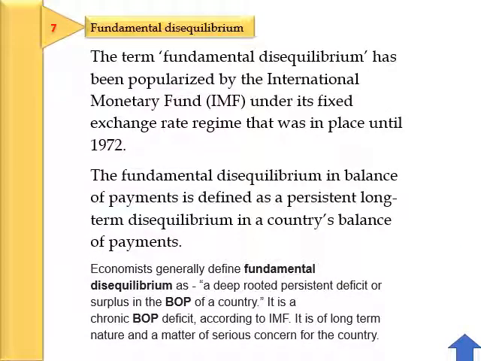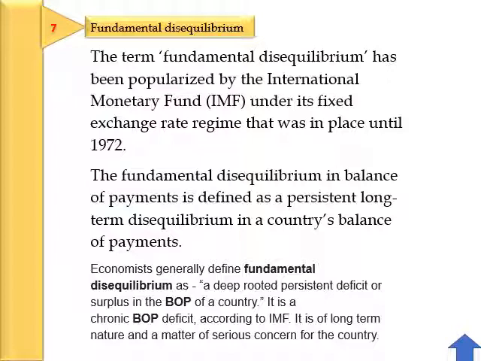Fundamental disequilibrium in the balance of payment. This concept was introduced and popularized by the International Monetary Fund under the fixed exchange rate regime. The fundamental disequilibrium in balance of payment is defined as a persistent long-term disequilibrium in a country's balance of payment.